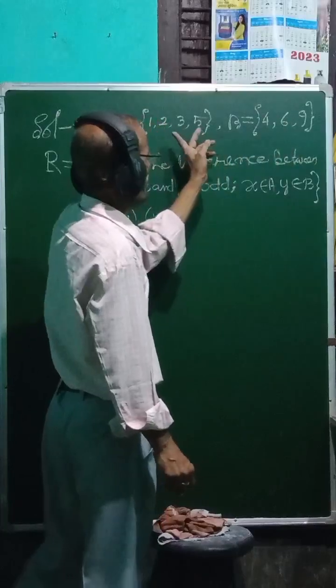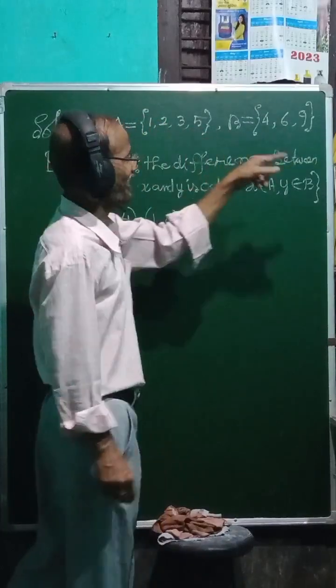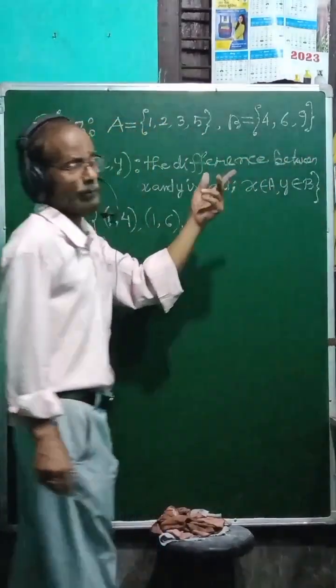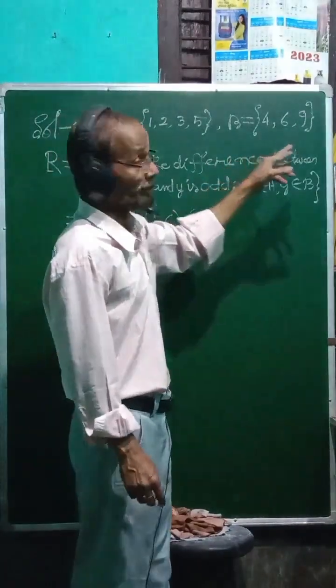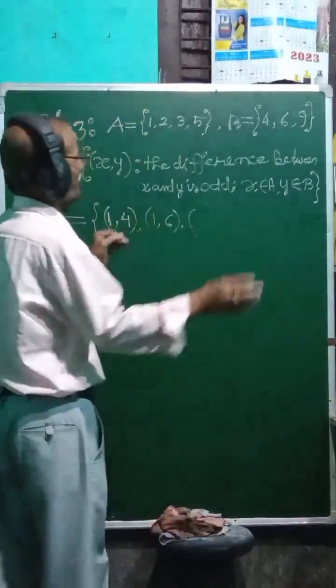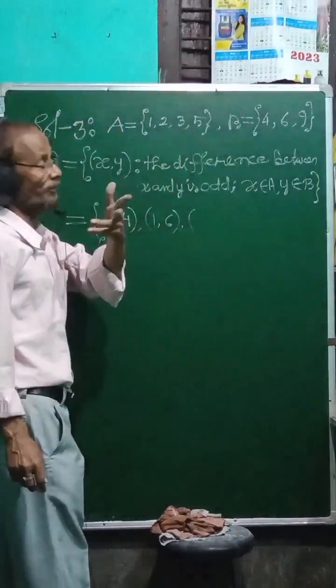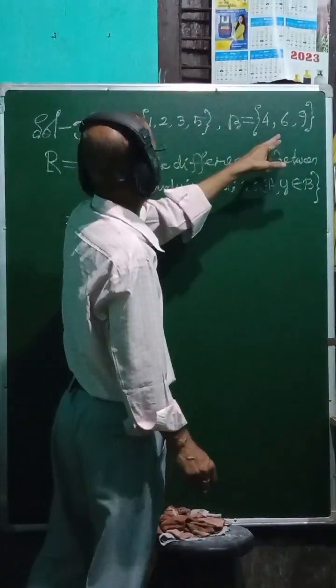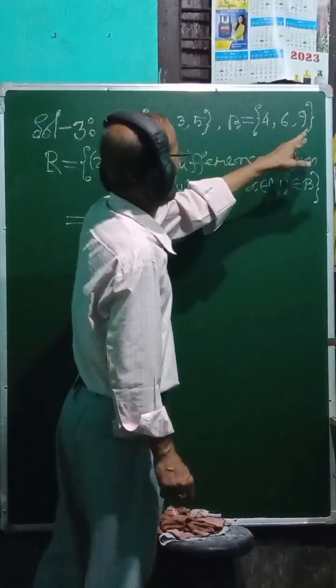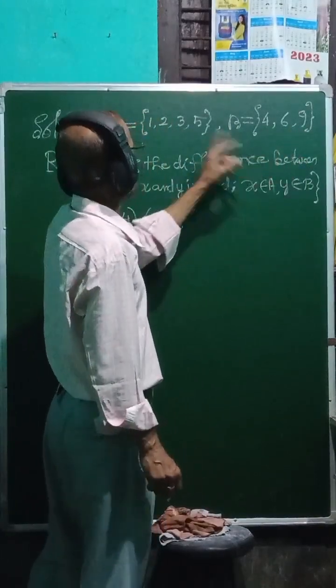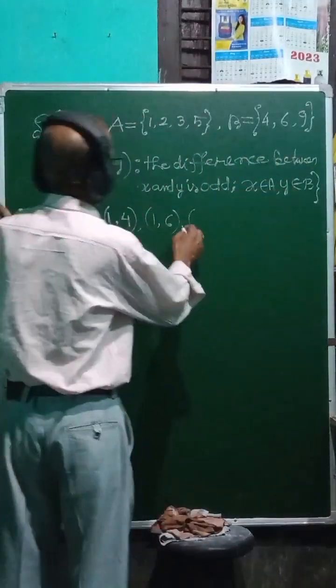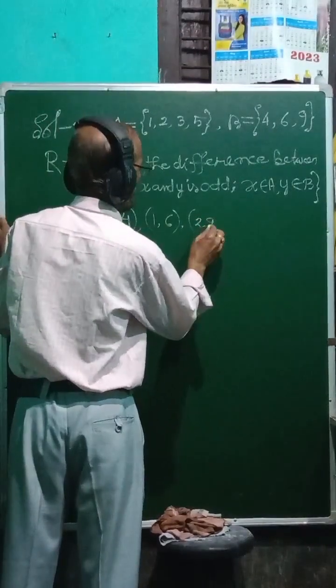So 9 minus 1 is equal to 8, or 1 minus 9 is equal to minus 8. Whatever it is, the number is coming even, so I cannot take. Now come to 2. 2, 4 will give the difference of even number. 2, 6, again even. And 2, 9, it is odd. 9 and 2 difference is coming 7. So you can take 2, 9.